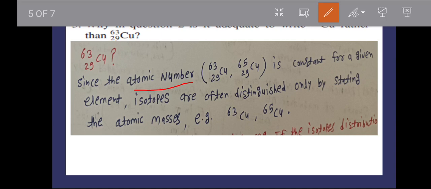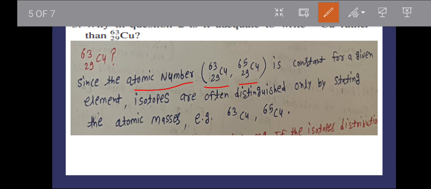If the element is the same, the atom is the same, then the proton number is not changing, right? Only the number of neutrons are changing. So the protons and neutrons make the mass of an atom, right?